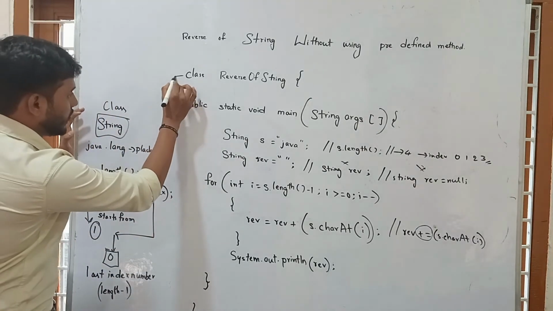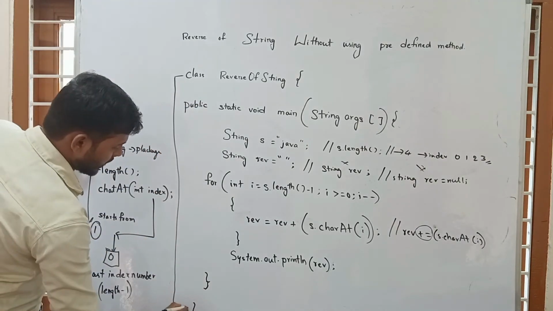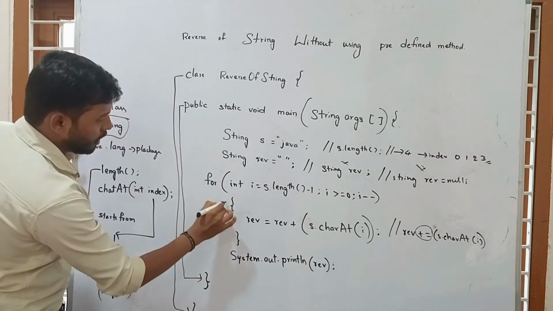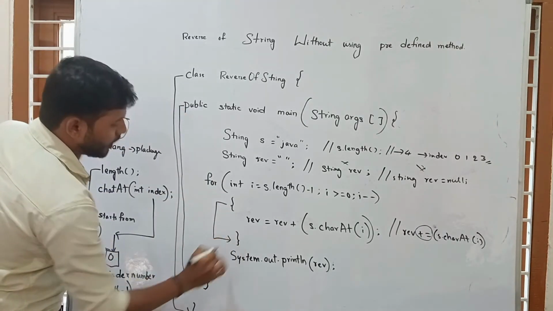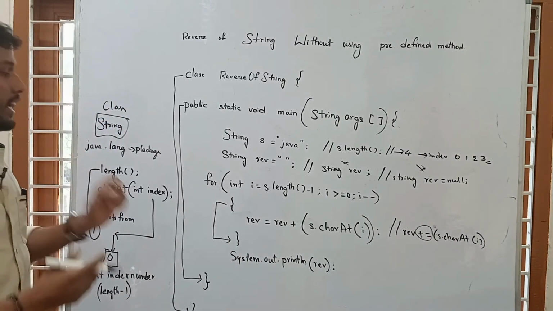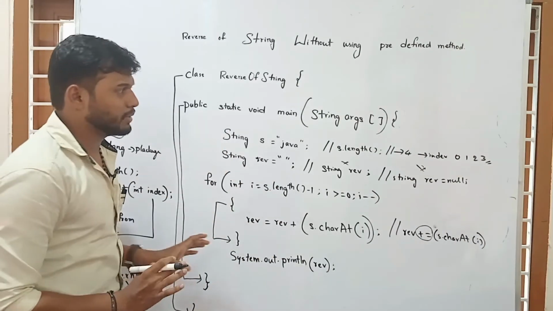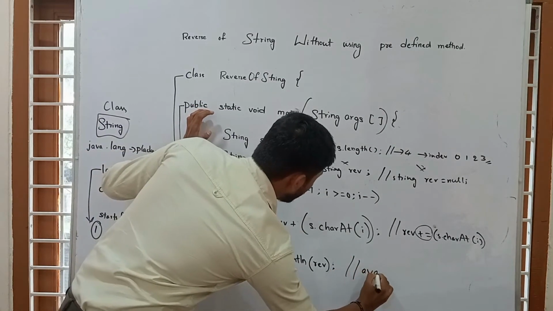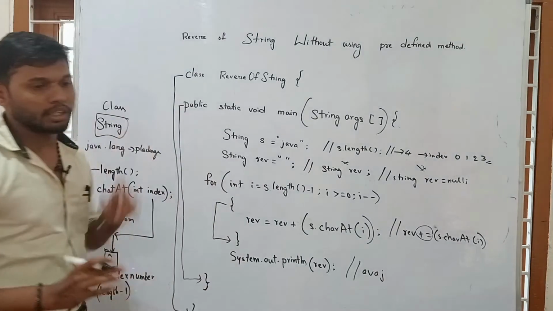Now let us see. Here the class was opened, here the class was closed. The method was opened here, the method was closed here. The loop was opened here, the loop was closed here. When we use this method, we get the answer as AB AG. Okay, this is the program.